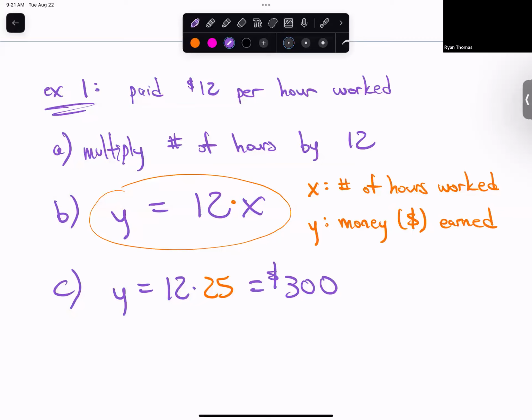We can also go about this the other way. Most of the time, like in this example, it makes more sense to think, okay, I worked this many hours, this is how much I should get paid. And maybe your boss even asks how many hours you want this week, and you tell them, and then you know what you should expect to get paid. What if you get to decide how many hours you want to be scheduled for, but your check next week needs to be, I don't know, $240?